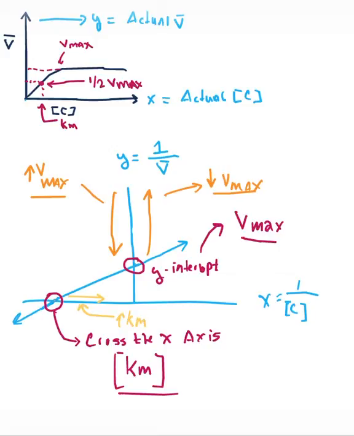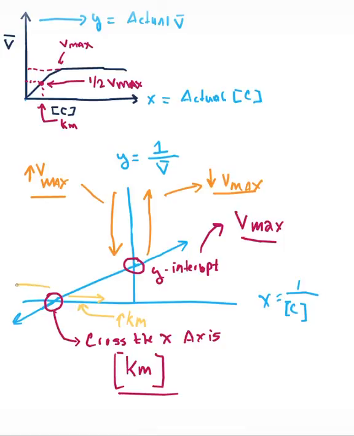Because this point, as it moves to the right, is getting closer to 0, because these are negative numbers back here. So if this is, say, -3, and I move over to -2, well, -2 is larger than -3. So as this point moves to the right, my Km value is increasing.